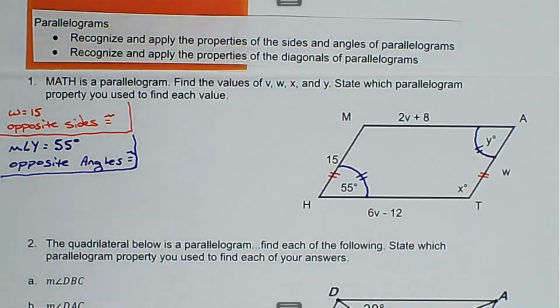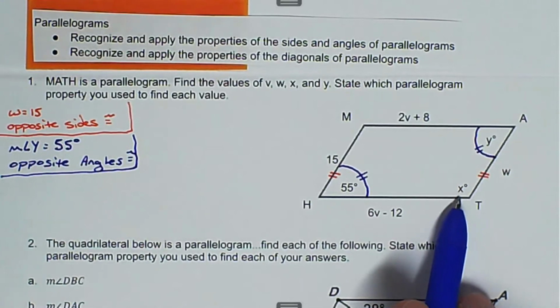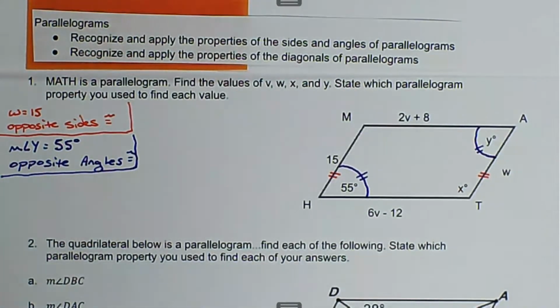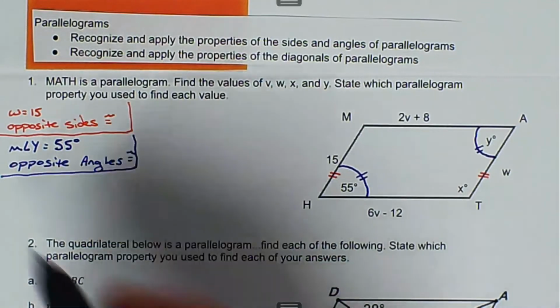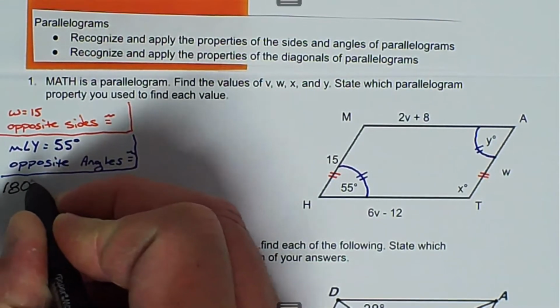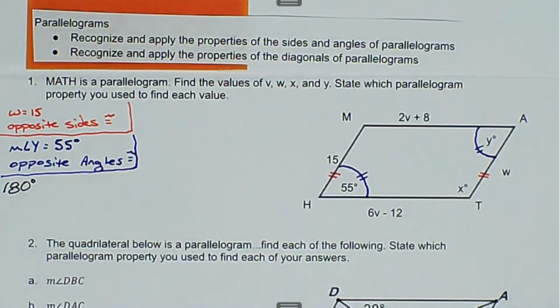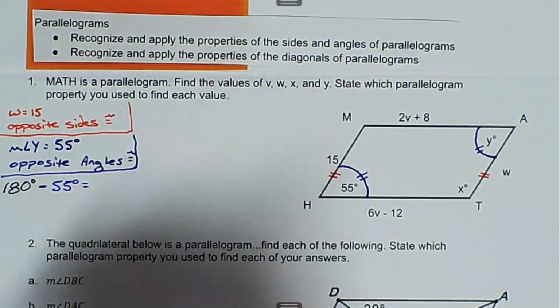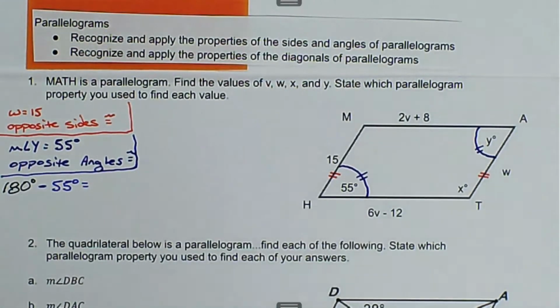So we can find X because consecutive angles add up to 180 degrees. So we can say 180 degrees minus 55 degrees is equal to 125 degrees.